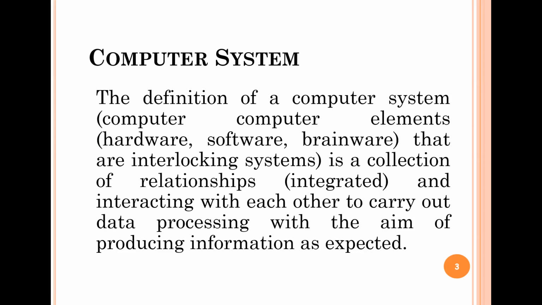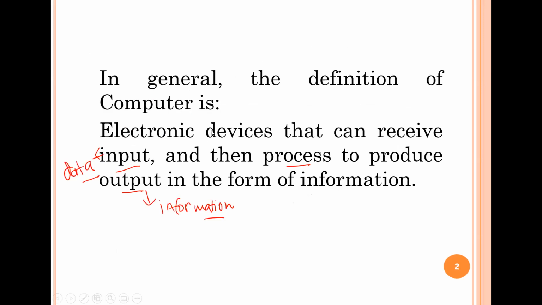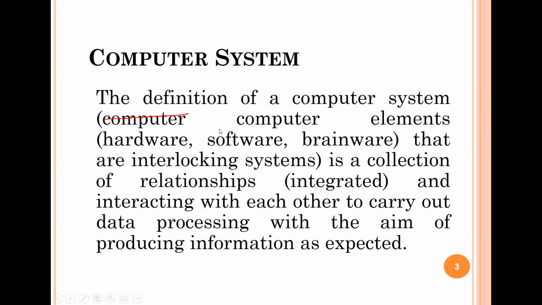When we talk about the computer system itself, there is some kind of duplication here, so you can delete one of the words. Here we can use the elements of the computer system itself, hardware, software, and brainware, which do what the computer definition says, like producing the output from the input as expected.